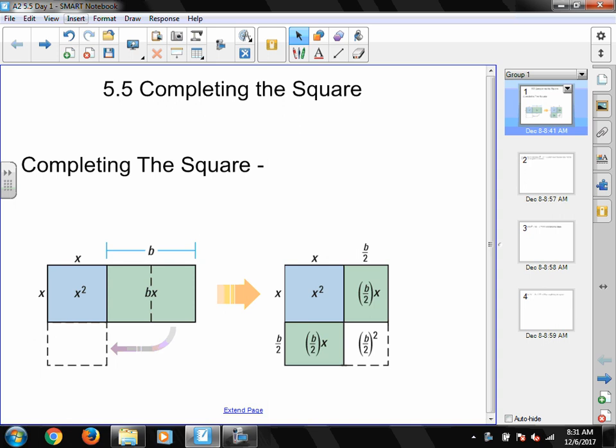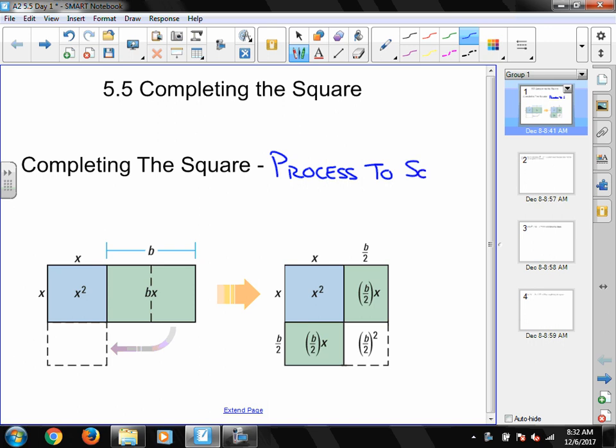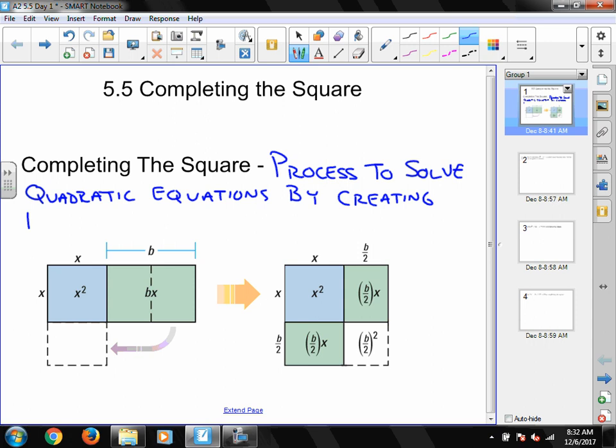So first of all, what is completing the square? Completing the square is a process to solve quadratic equations by creating perfect square trinomials.